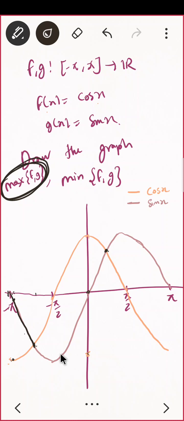Do you see what is the sine graph? The sine graph is this, right? So if you take some point, say I took this point, I'm having two values. One value is here, one value is here. Which is maximum? Definitely this one. And if you take another point, perfect, the cos graph. So from here it will go up. So I'm just drawing the maximum of the function. Do you see? Okay.